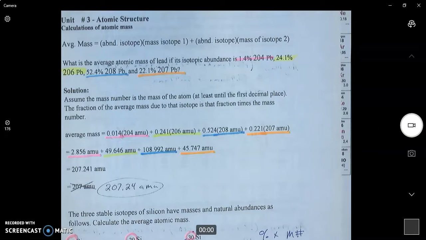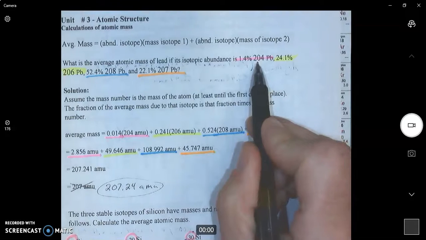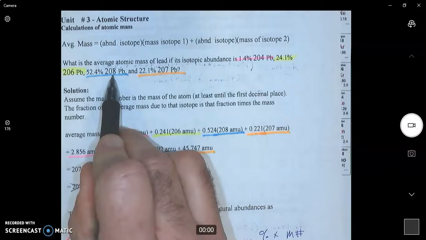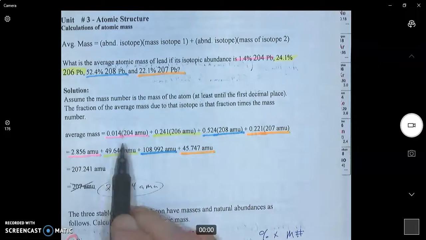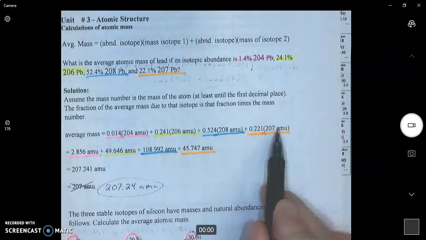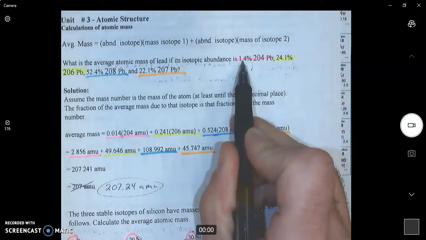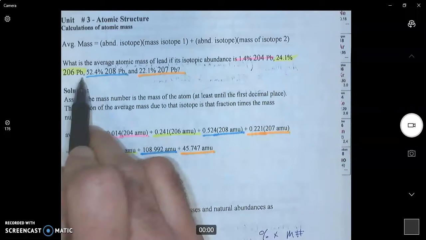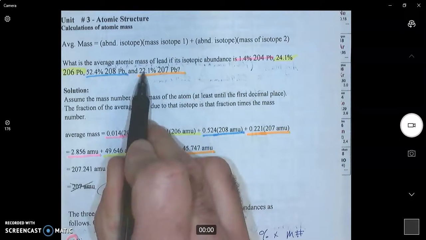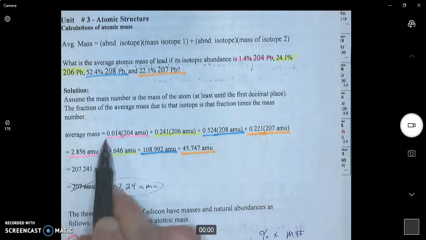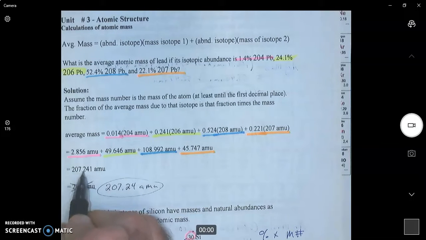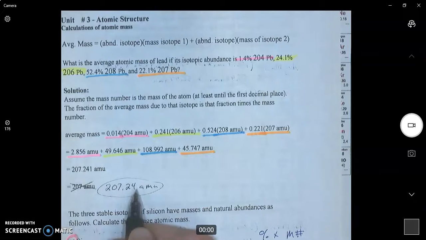These are your masses: 204 AMU, 206 AMU, 208 AMU, 207 AMU. We plugged those in, and then we multiplied each of those by their percentages as decimals. We took those, and now we get a final sum, 207.241. 207.24 is what we get when we round it to 2 decimal places.